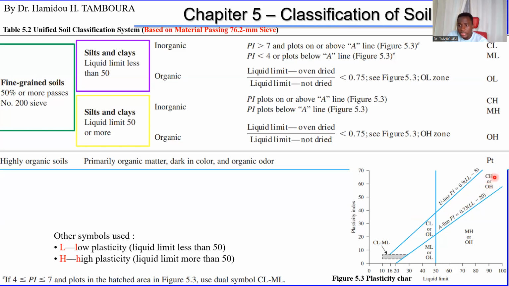Now, if you have the PI plot below this line, you will have MH, which means silt with high plasticity. This one.